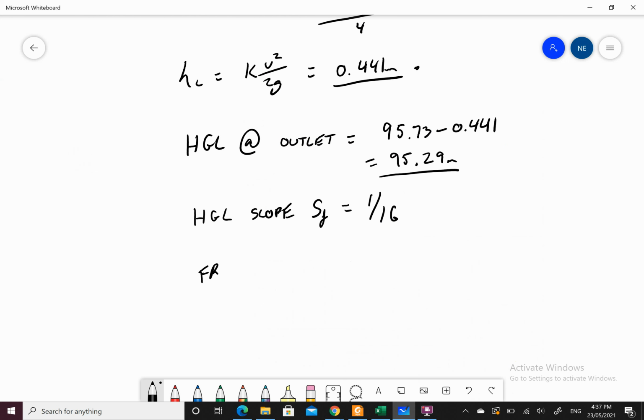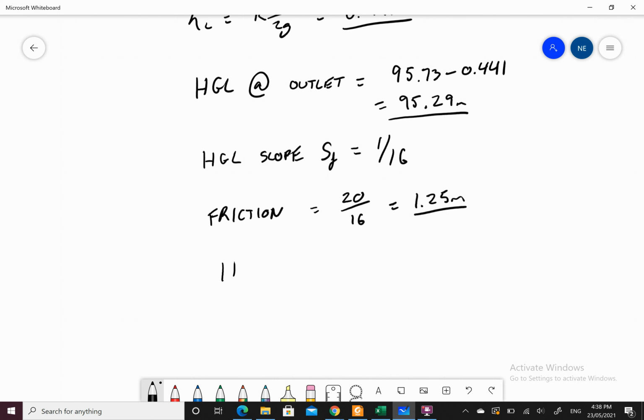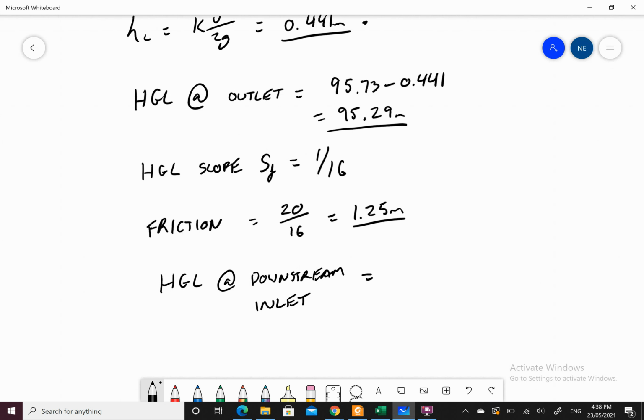So my friction loss is 20 on 16, and that's going to give me 1.25 meters, which means my hydraulic grade line at downstream inlet is simply equal to my outlet subtract my friction loss, 95.29 subtract 1.25, that gives me 94.04 meters.